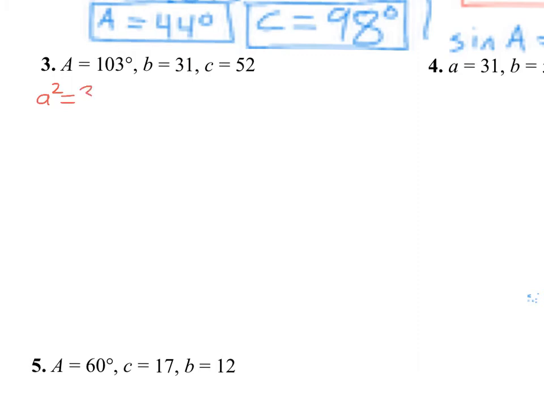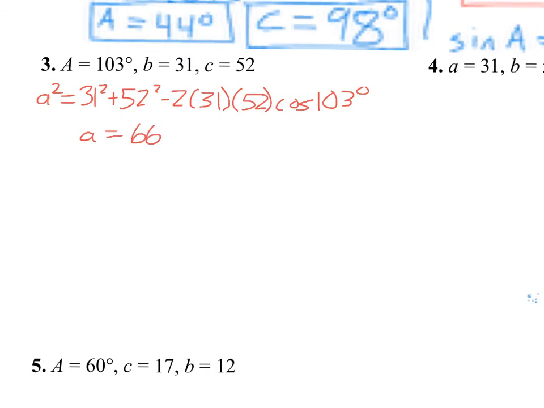A squared equals B squared plus C squared minus 2BC times cosine of A. Using a calculator, we get that A squared is 4390. Taking the square root, A is 66.3 if we round to the nearest tenth.